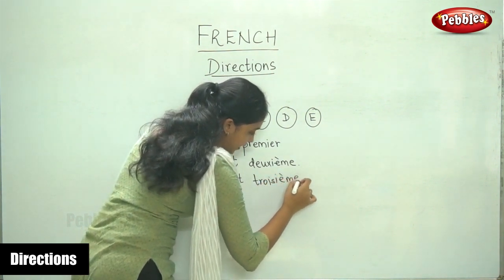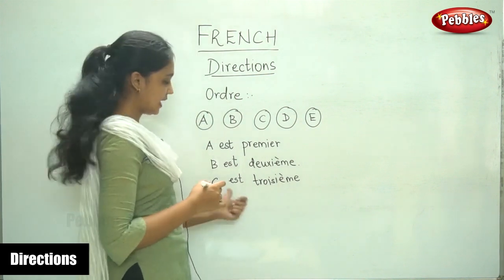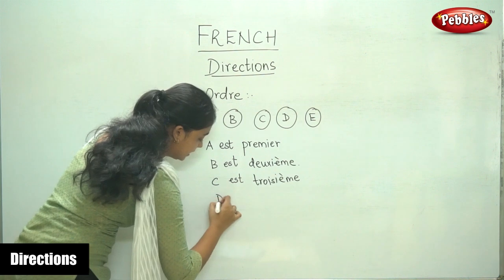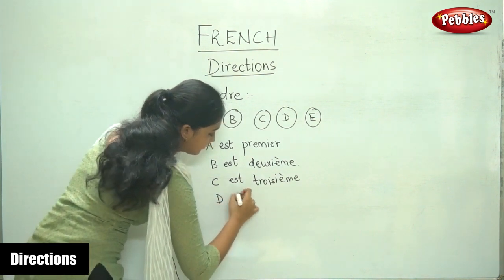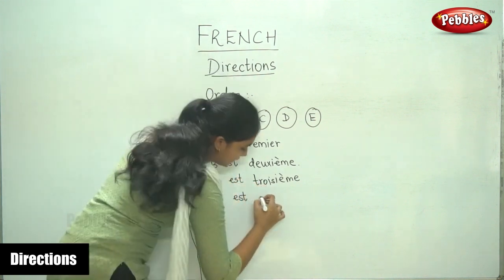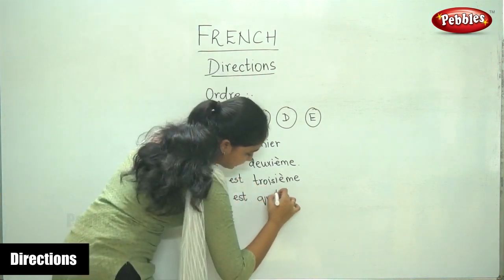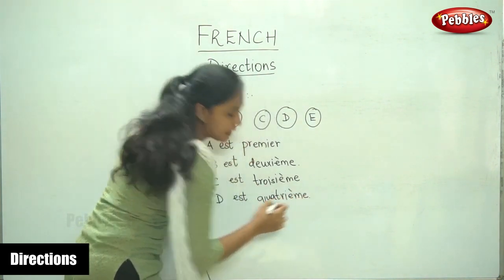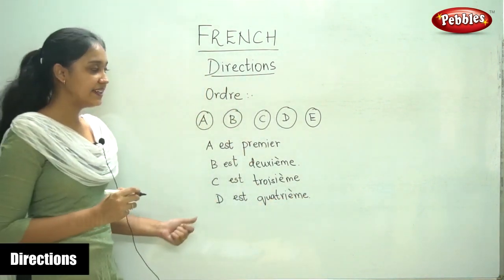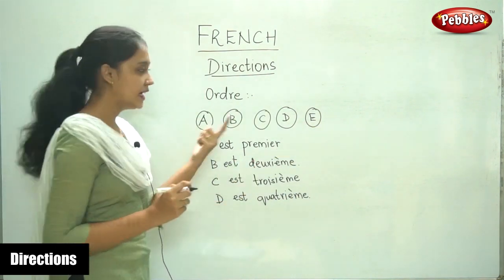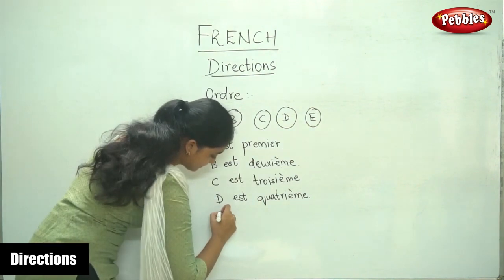Troisième. Third. C est troisième. Now D. D is fourth. So for fourth, what do you say? Quatrième. Quatrième.